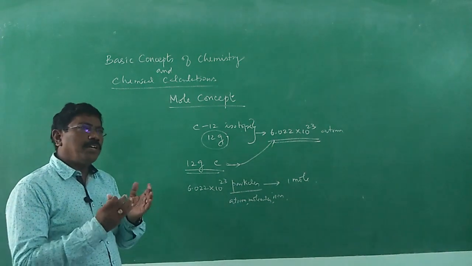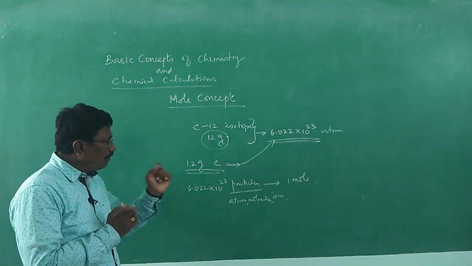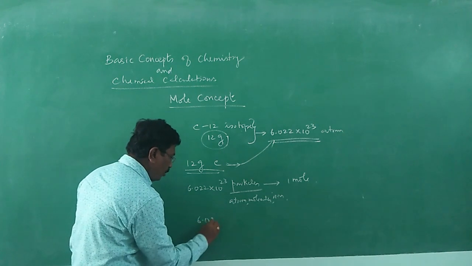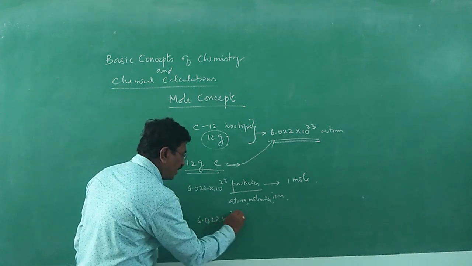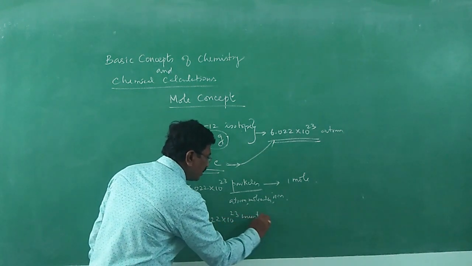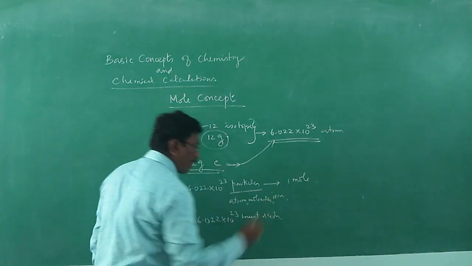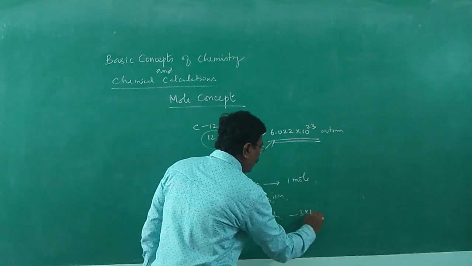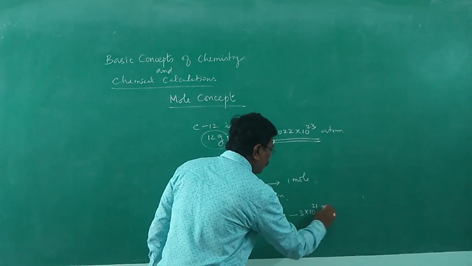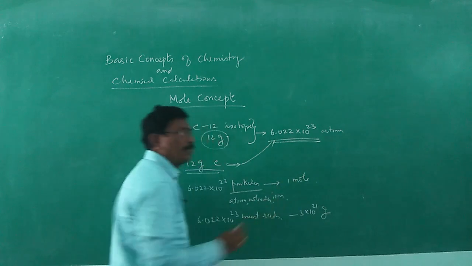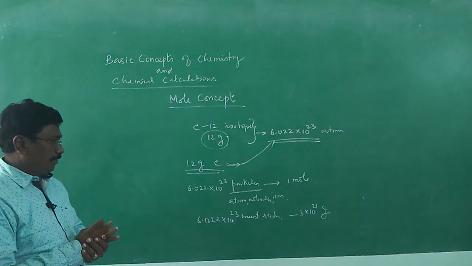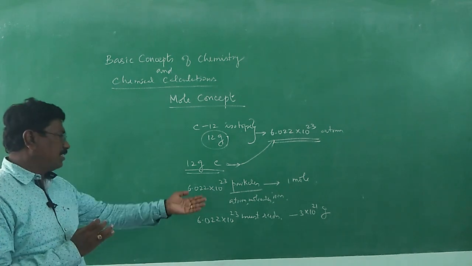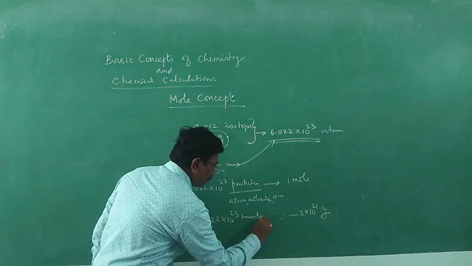The approximate mass of 1 mole of mustard seed, that is 6.022 into 10 power 23 mustard seeds, if we take, may have an approximate mass of 3.3 into 10 power 21 gram. These many mustard seeds.